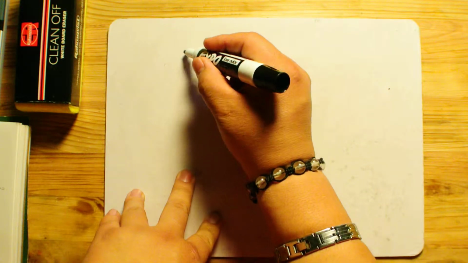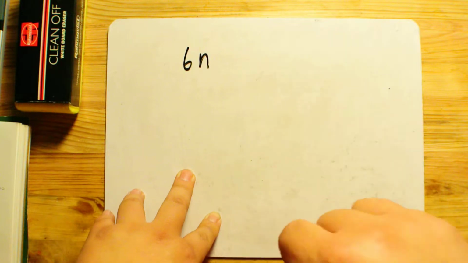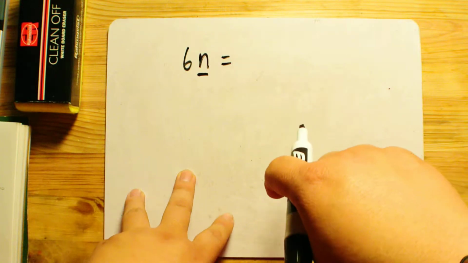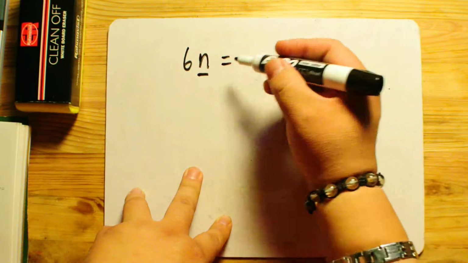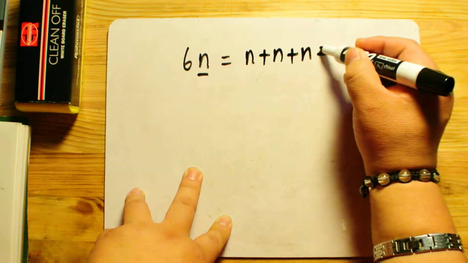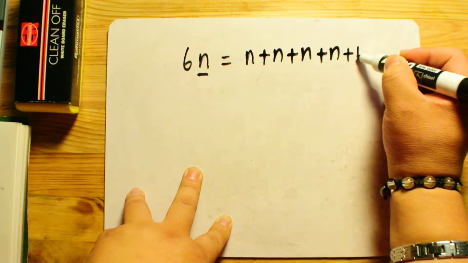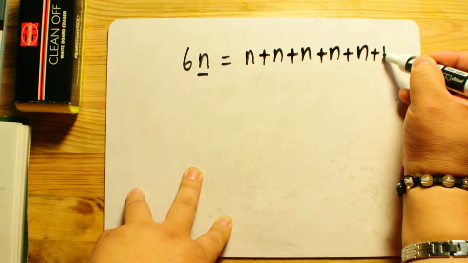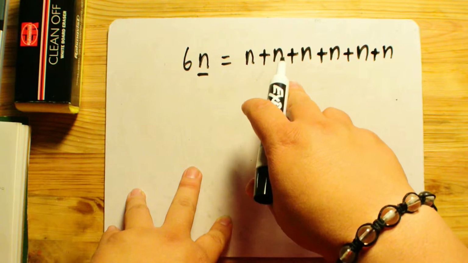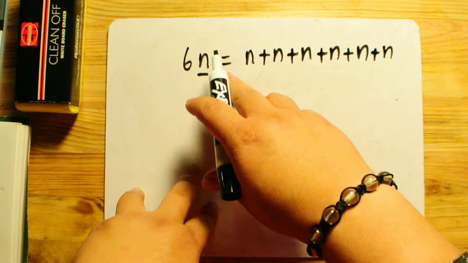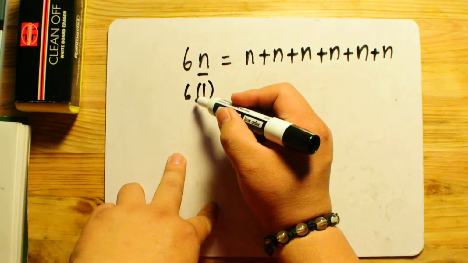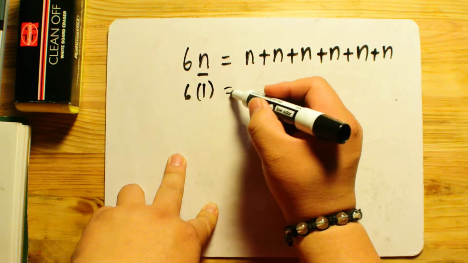Let's say for example that you have 6 times n. n is a number that we don't know, but this is saying n plus n plus n plus n plus n plus n. There are 6 n's. If n was 1, and that's usually when we put the parentheses to say that n is that, this would equal 6.